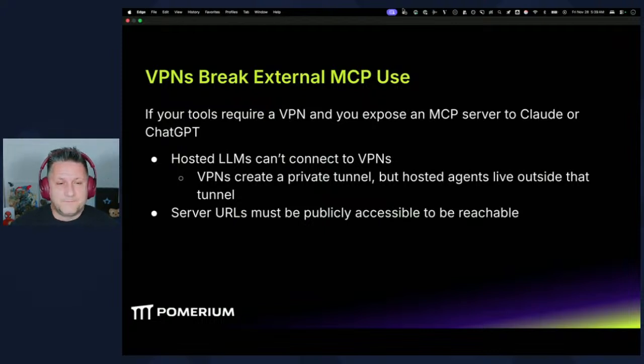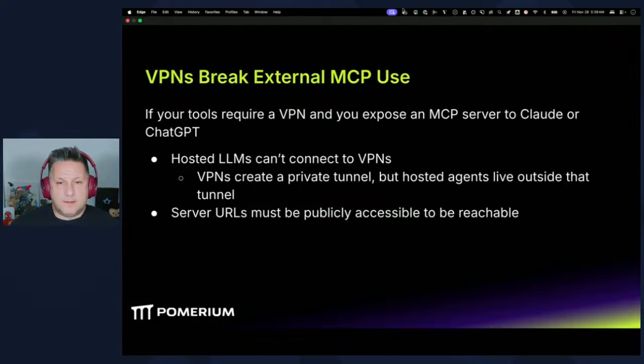There's no longer a check. And if you're looking to secure an MCP server that's internal, but you want to, for example, use it in Claude Code or Claude or Visual Studio Code or even ChatGPT, you need to have a publicly accessible URL to be able to use those MCPs.